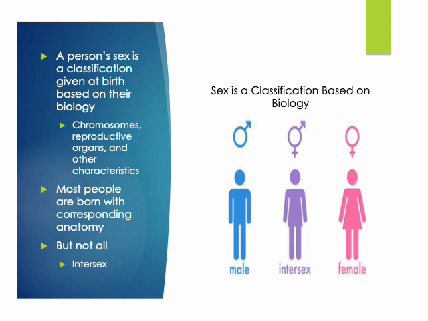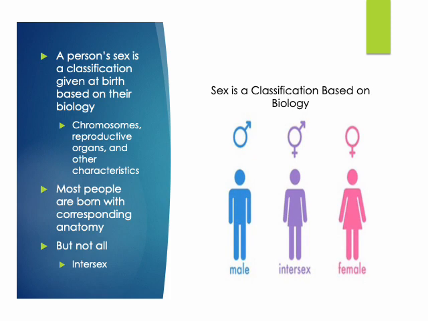Now, most people are born with corresponding sets of anatomy. For instance, they're born with a penis and testicles, or they're born with ovaries, a uterus, and a vagina, right? And so if you're born with a penis and testicles, you're going to be assigned male at birth. Born with a vagina and ovaries, you're going to be assigned female at birth.